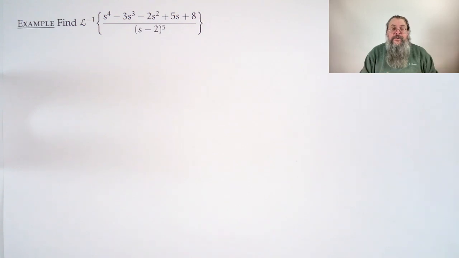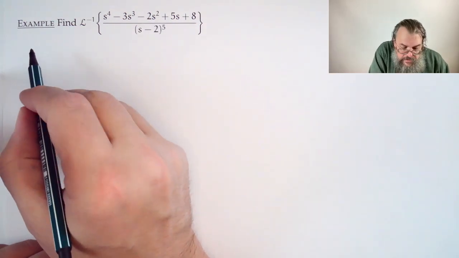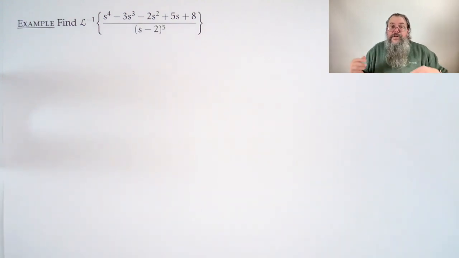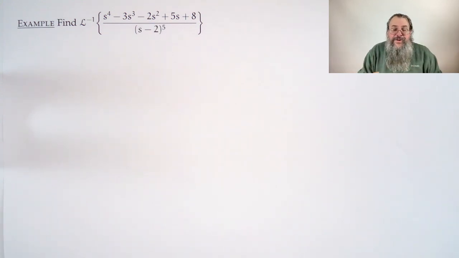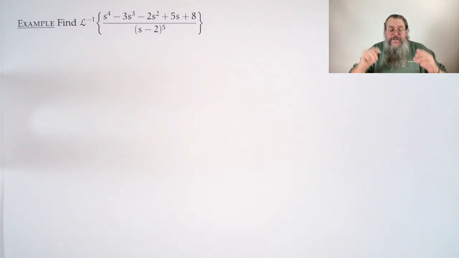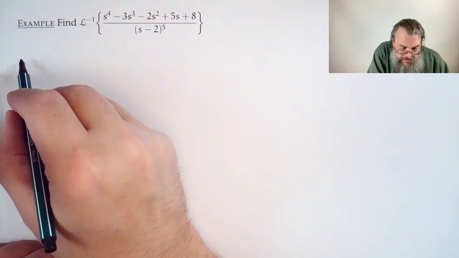So they're like, all right. And, well, the good news is our denominator's already been factored for us. So that saves us a step. So what do we have? Well, since it's s minus 2 to the fifth, what it means is we've got to work our way up. So we have s minus 2 squared, s minus 2 cubed, so forth and so on, all the way up. So in particular, we have the following.